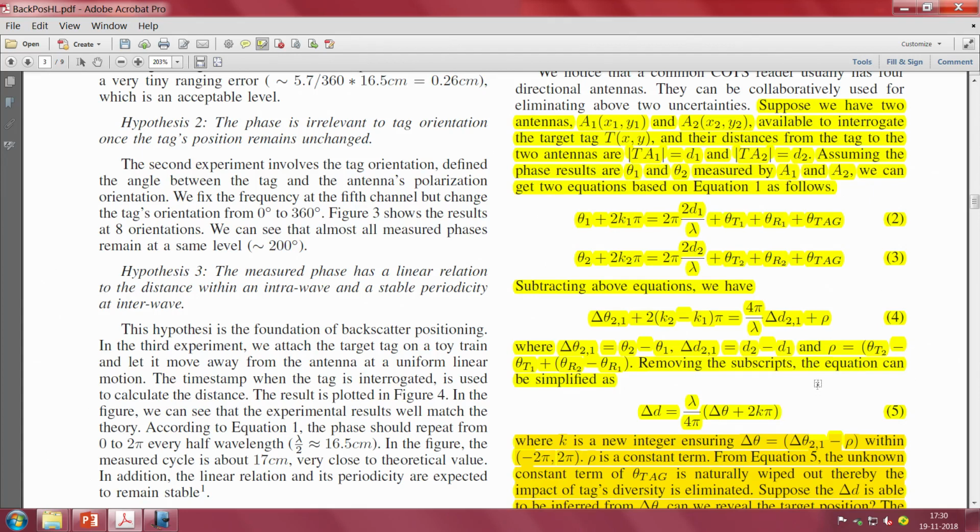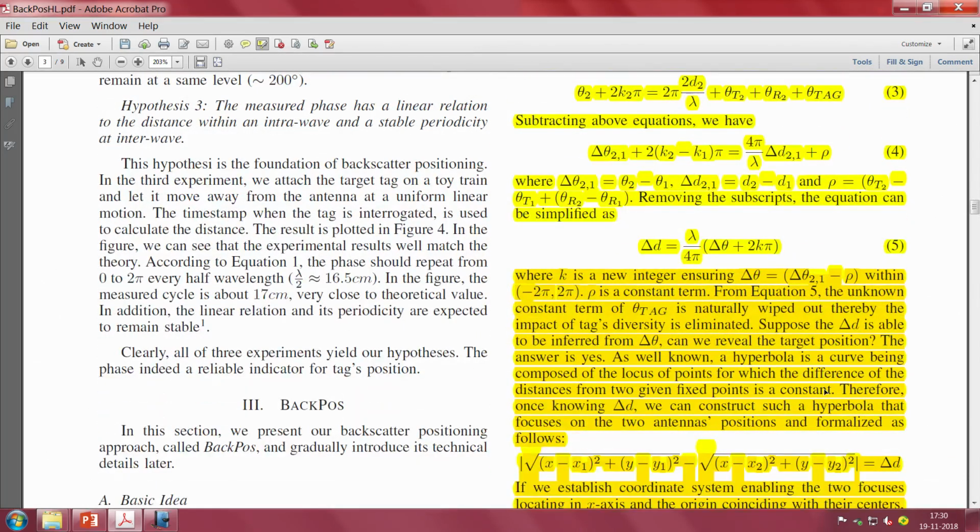In other words, a beautiful relation between the path difference and the phase difference. Essentially that is what RFID localization is all about. If you are using hyperbola based positioning, you do a phase difference and then you find out the path difference, very very important.